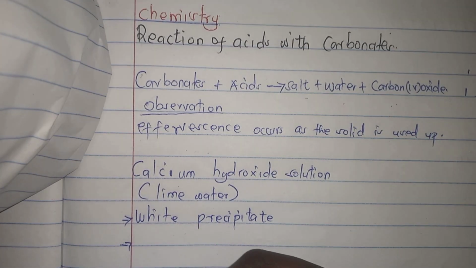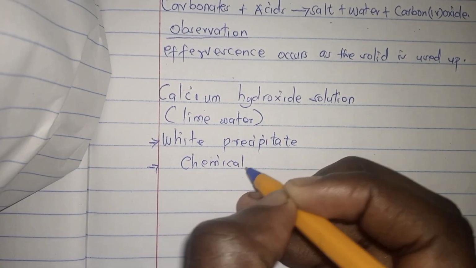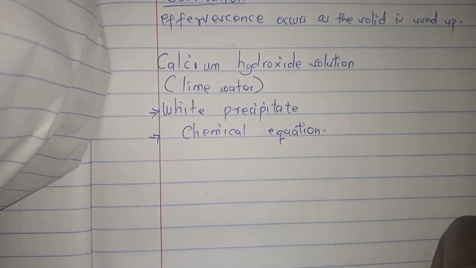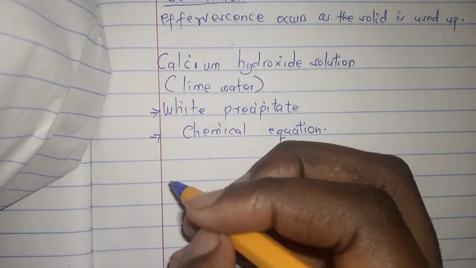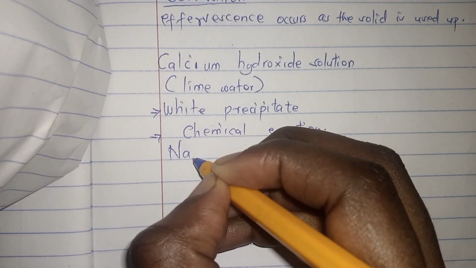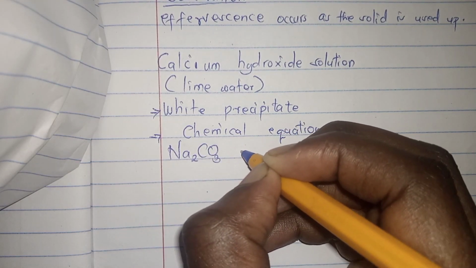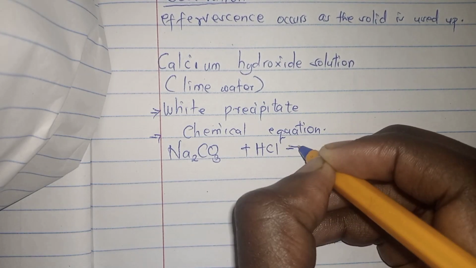We want to write a chemical equation for a metal carbonate plus an acid. So let me go with sodium carbonate plus hydrochloric acid. I'm getting a salt.